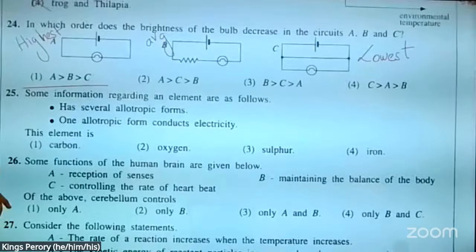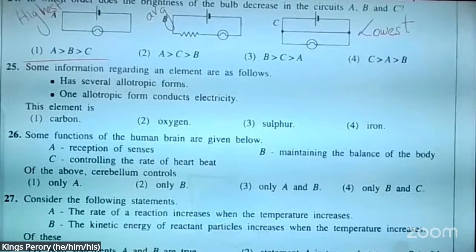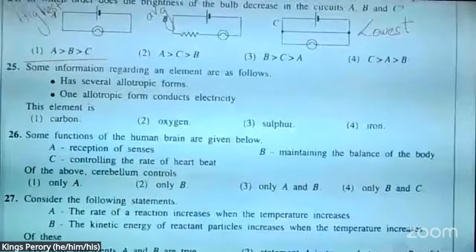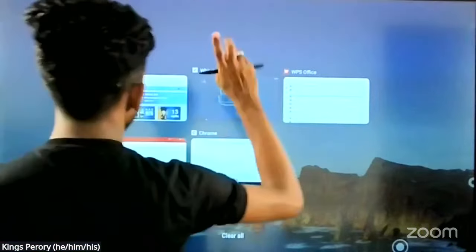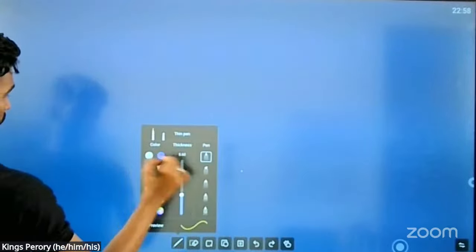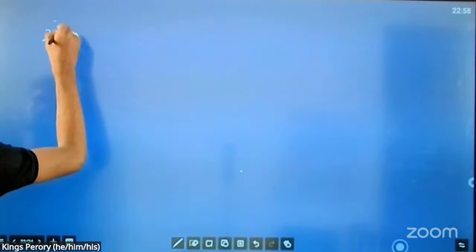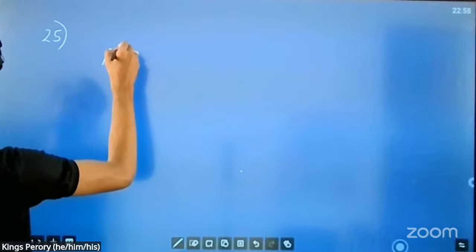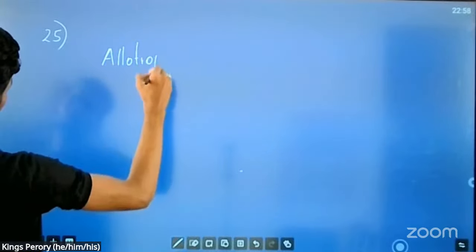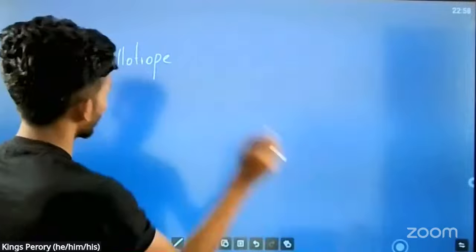Some information regarding an element is as follows. It has several allotropic forms. When you hear the word allotrope, only 2 options should come into your mind.